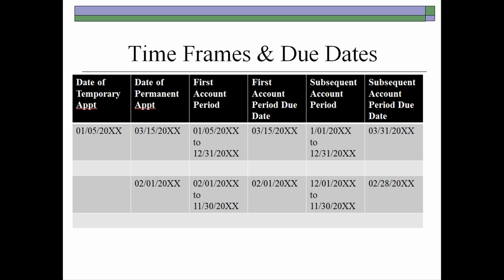And the due date for that first annual accounting will be March 15th of the following year. That is 1 year from the date of your permanent appointment. All subsequent annual accountings are then going to be dated from January 1st through December 31st and due by the end of March each following year.